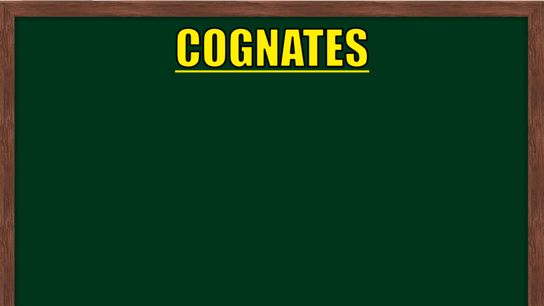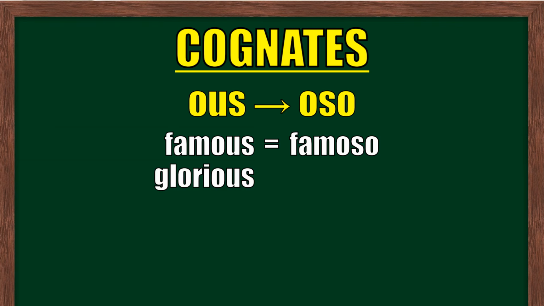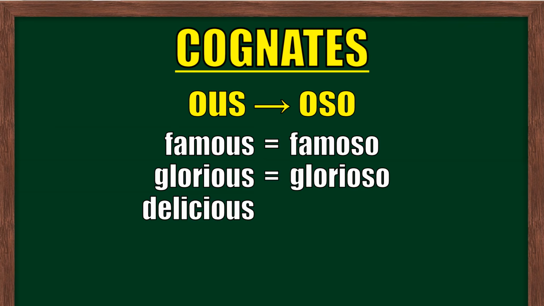Words that end in OUS in English usually end in OSO in Spanish. For example, famous becomes famoso. Glorious becomes glorioso. Delicious, delicioso.